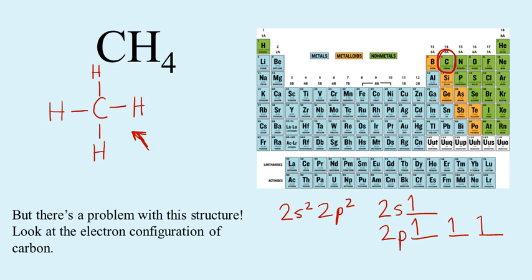But something happens. We don't have 1 s bond and 3 p bonds. What happens is these 4 orbitals undergo something called hybridization. They basically hybridize, and we have 4 identical hybridized orbitals. And so they're all identical. They're not really s orbitals, and they're not really p orbitals. They're hybridized, part s and part p.